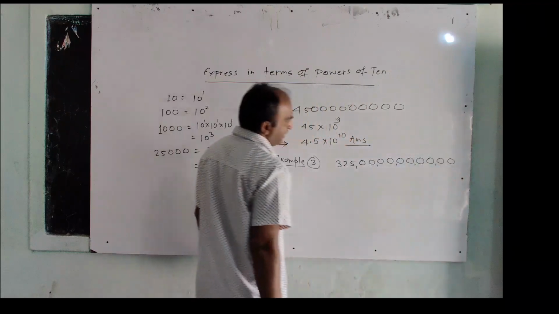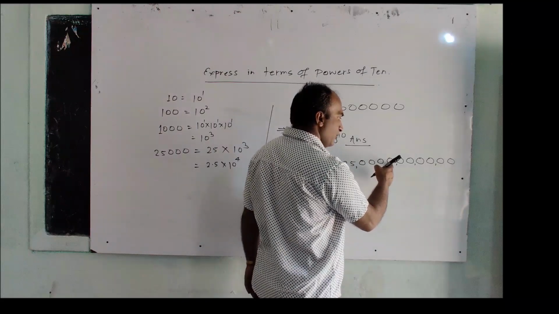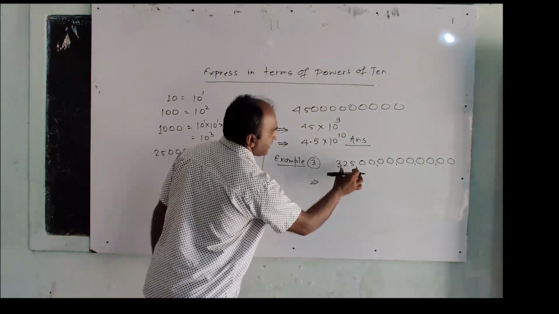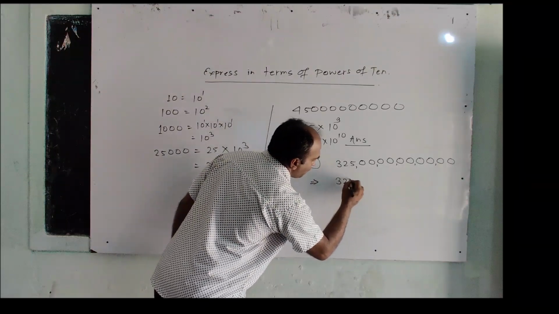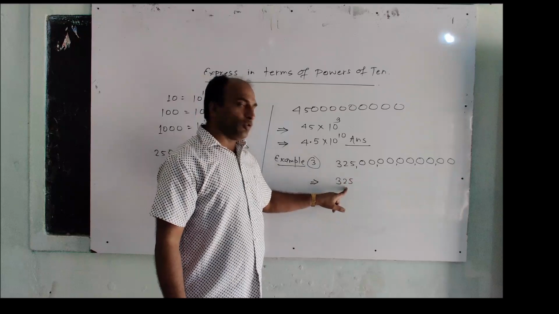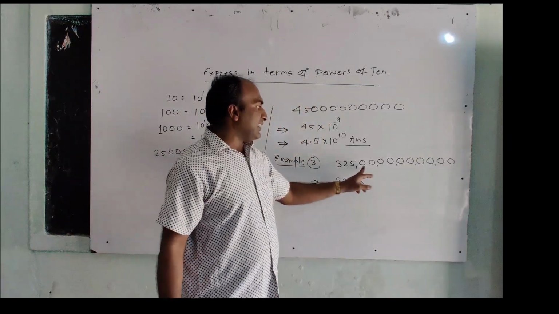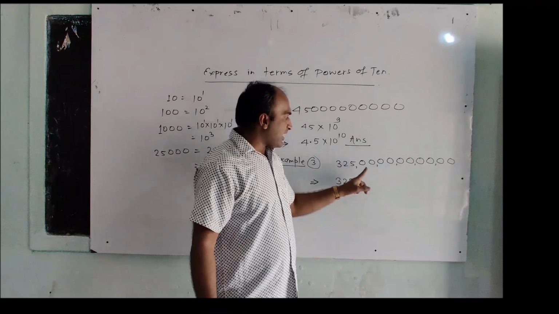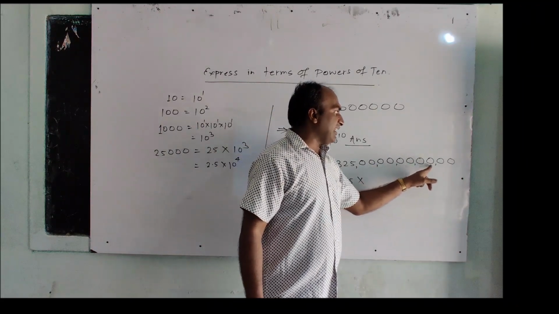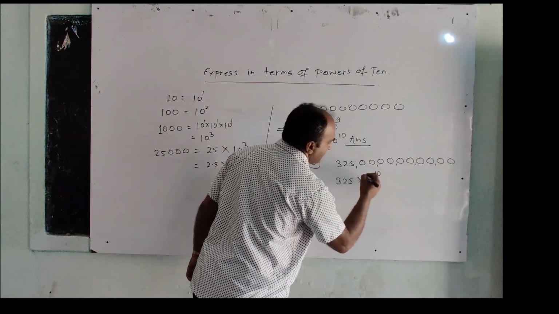Then how many zeros are here? 1, 2, 3, 4, 5, 6, 7, 8, 9, 10. And here the number is 325. First of all, we write this number 325, and now give the sign of multiplication and then count the number of zeros. There are 10, so we give 10 to the power 10.